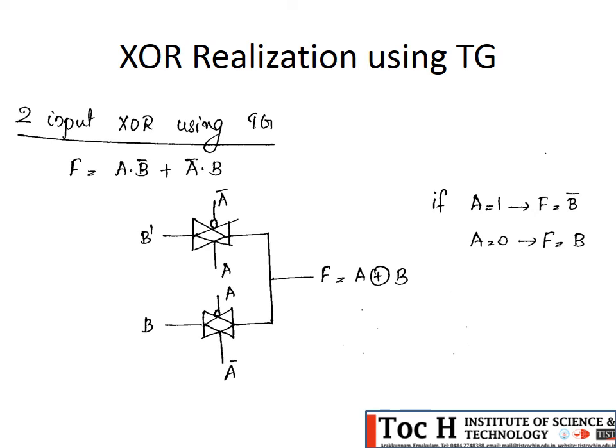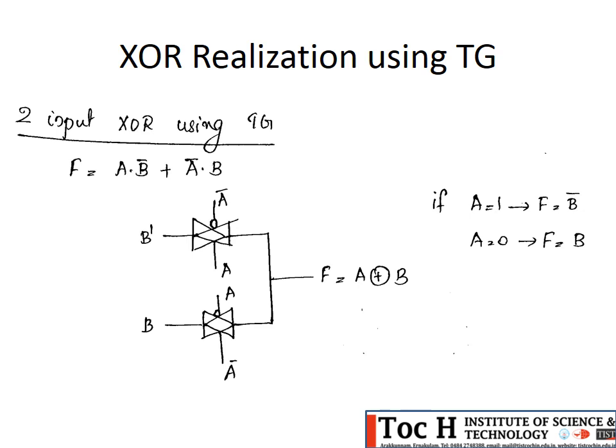When we are going to realize a logic function using a transmission gate, draw the symbol as such. You can represent either the NMOS transistor at the top or the PMOS transistor at the top.